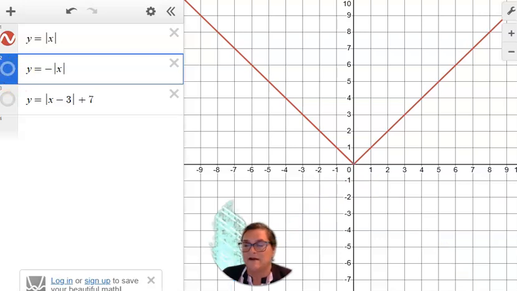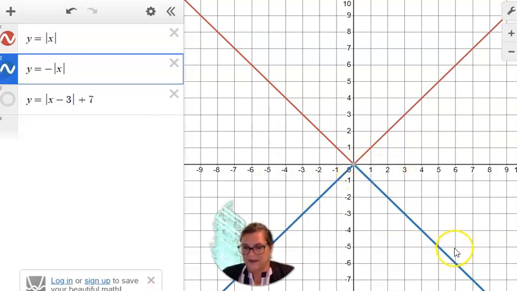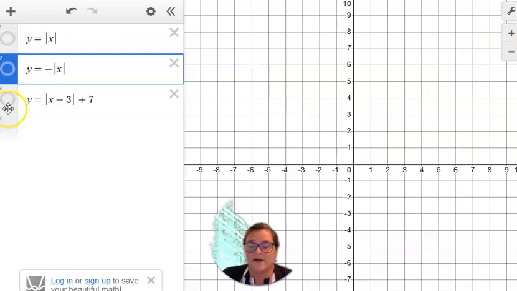Again, there's our parent function. We put a negative in front of the function and we get the reflection over the x-axis. It flips the whole thing upside down. That's going to happen even when we have other transformations. So here's my function that I created that had a vertex at 3, 7.